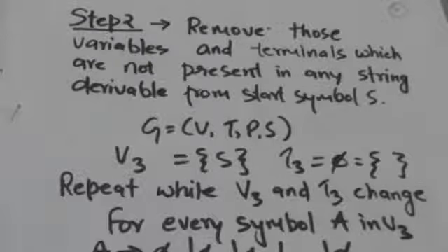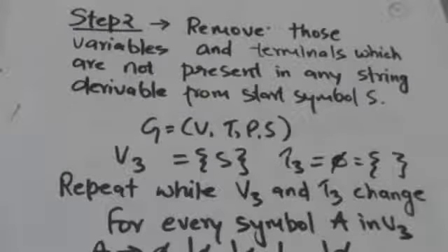So first of all, we will make two sets, V3 and T3. V3 will contain only one element, S, and T3 will be an empty set. It will not have any element.